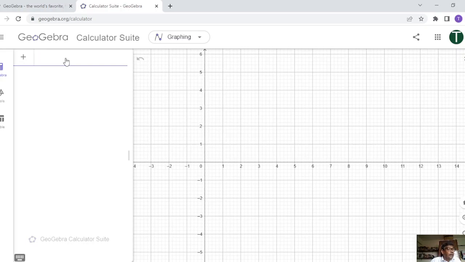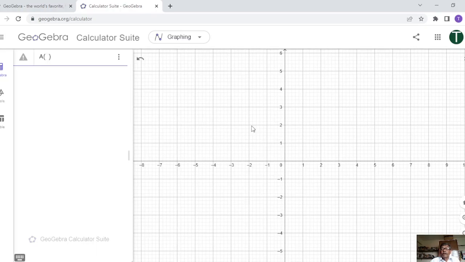For example, I draw a point, say A, anywhere I like. It does not matter. Say at minus 2, 1.